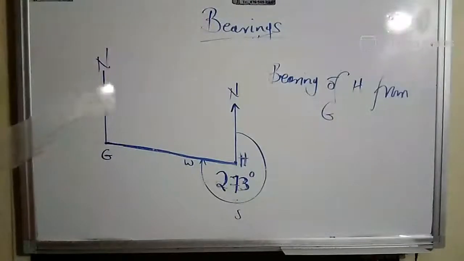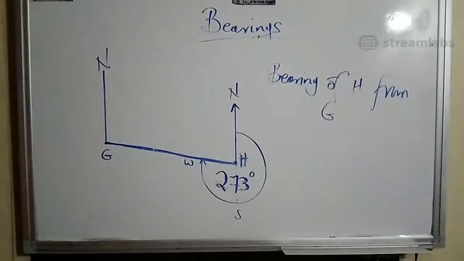So we always go from north in a clockwise direction. And we know the clock already goes 1, 2, 3, 4, 5, 6, 7, 8, 9, 10, 11, 12. We know the direction that it goes. So we already established that.